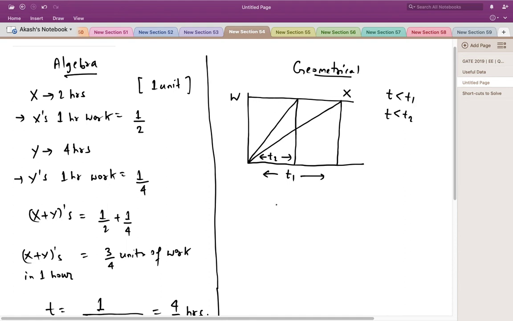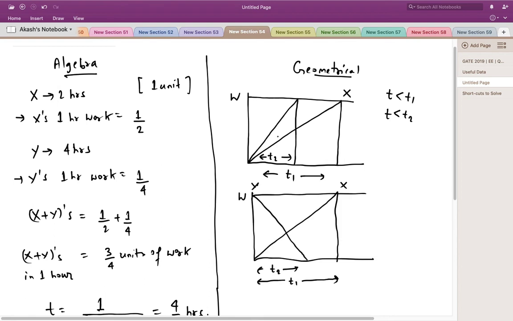So I'll do a trick here and flip this triangle to obtain a figure like this. The only thing that has been changed is that the triangle of Y has been flipped. That means that person Y is starting the work from the end and person X is starting the work from the beginning.